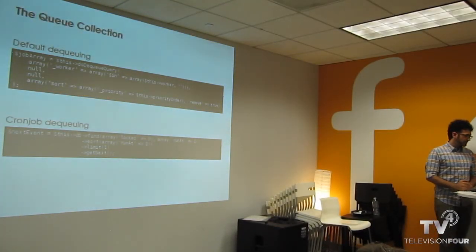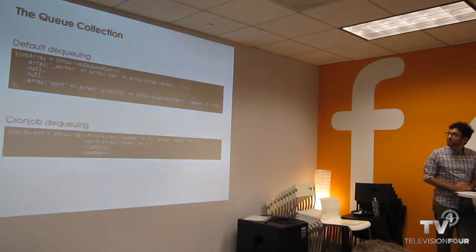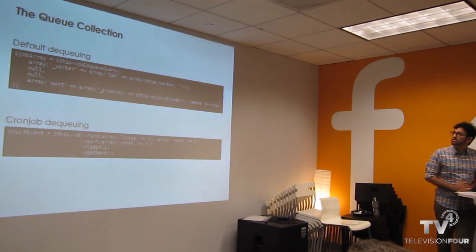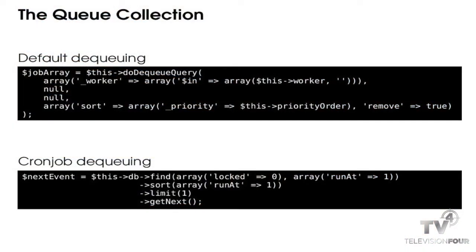For dequeuing, I have a method called doDequeueQuery, and I pass in the default query to dequeue, and then you can override that method if you want to do something different. So by default, that's what it does. It makes sure that worker is either equal to the current worker or it's blank, and then it sorts in descending order of priority.